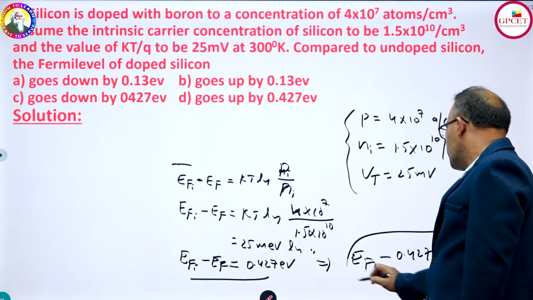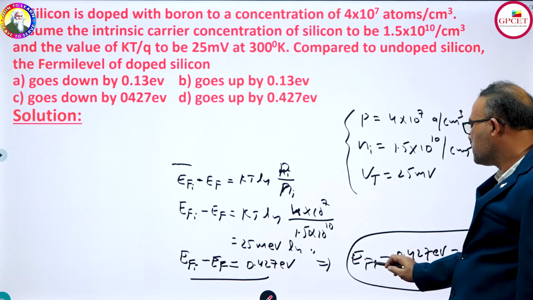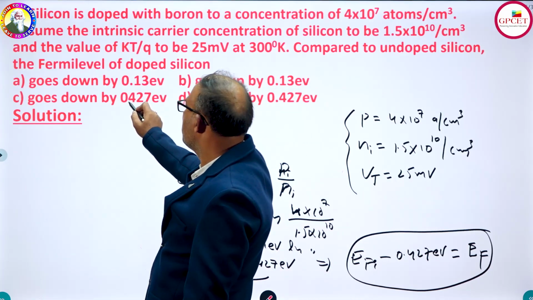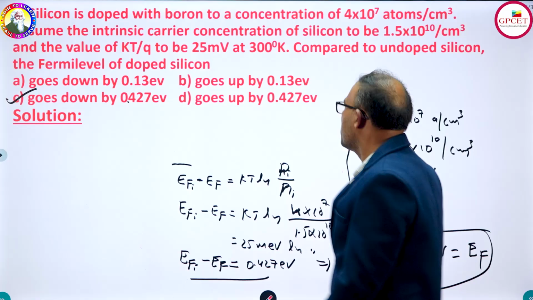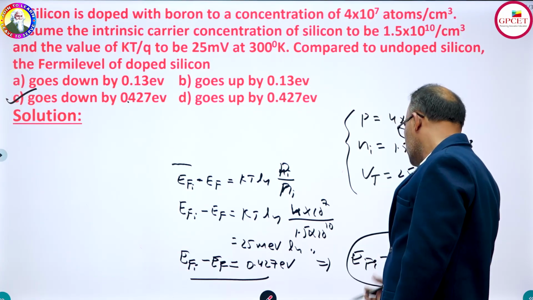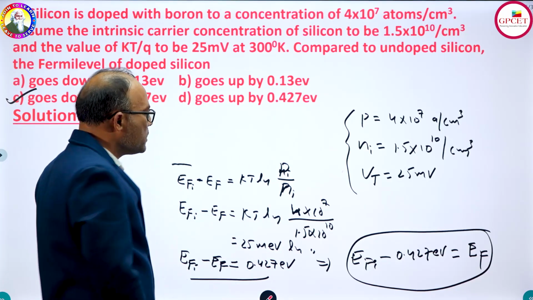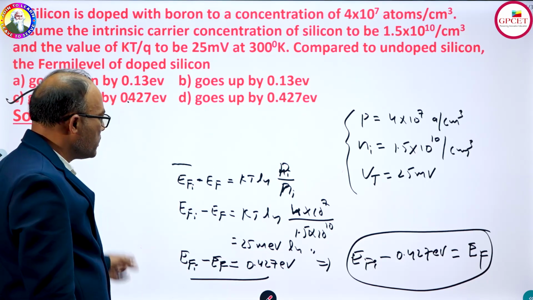So the Fermi level of doped silicon is decremented by this amount. Therefore it is going down by 0.427 electron volts, because it is subtracted here. Okay, so that is EF is equal to EFi minus 0.427 electron volts.